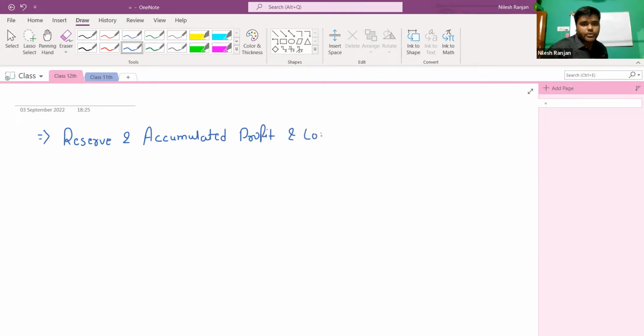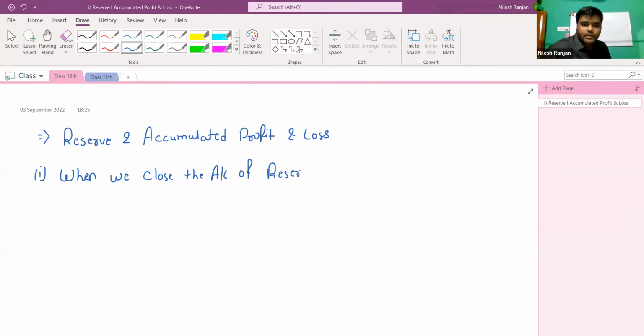I told you the first case is when we close the account of reserves and accumulated profits and loss.